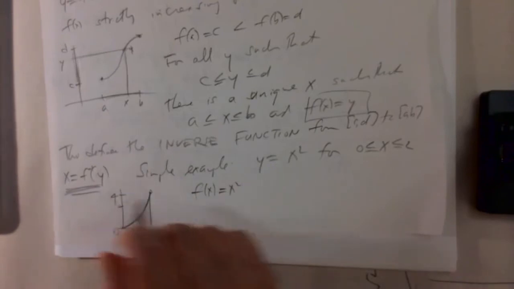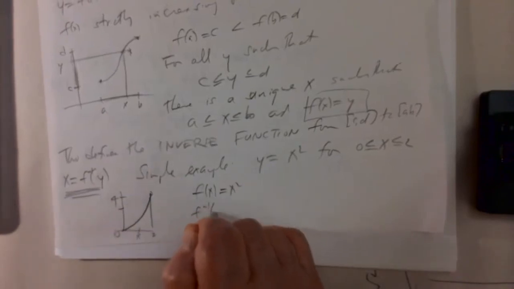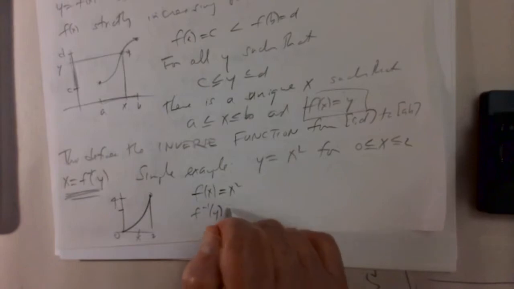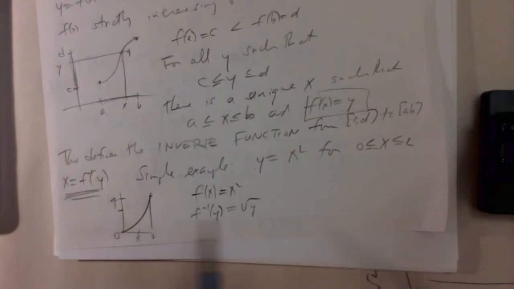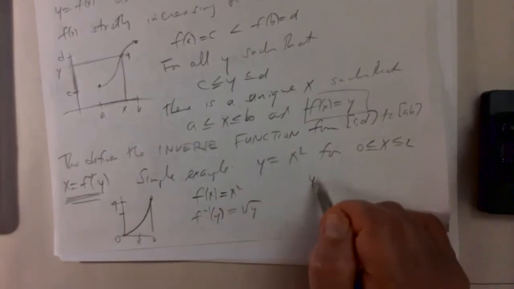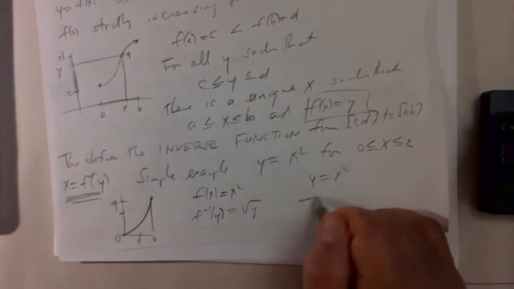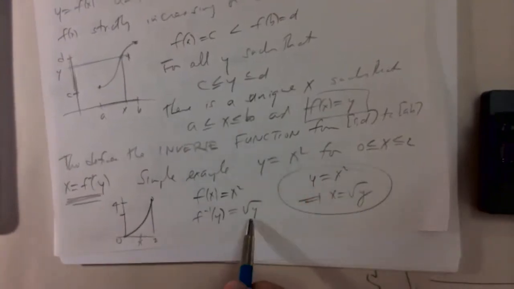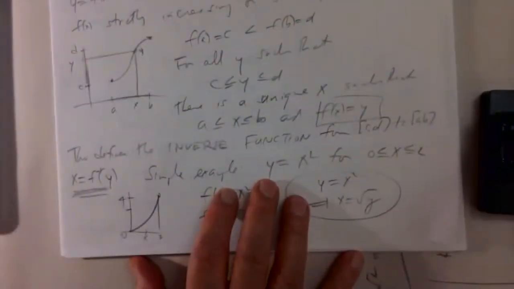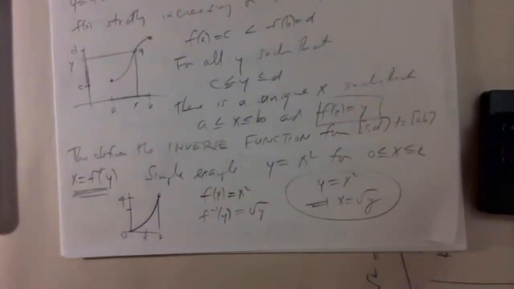And what is the inverse? f inverse of y is the square root of y. If you have y equal x squared, that's the same as x equals the square root of y. So the function y goes to the square root of y, that's the inverse function. So this is an important concept which you've seen before, even if you may not have used these words.